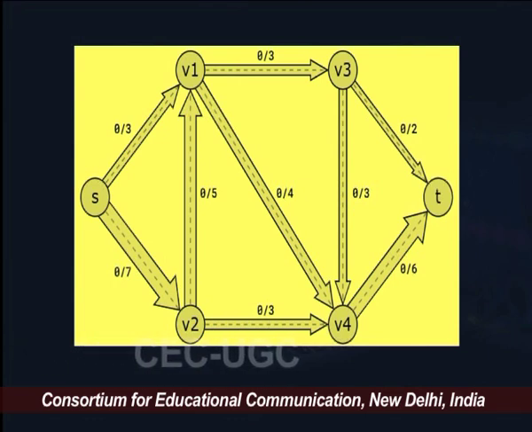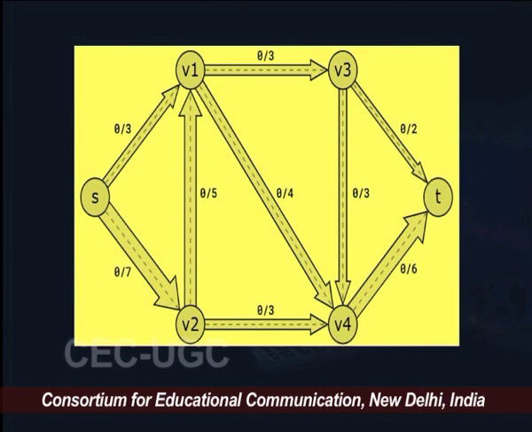And please notice in this figure that every edge is given two numbers. For example, there is an edge from S to V1 and the numbers are written as 0/3. Then from V1 to V3 again that is 0/3, from V2 to V1 that is 0/5, and from S to V2 that is 0/7.